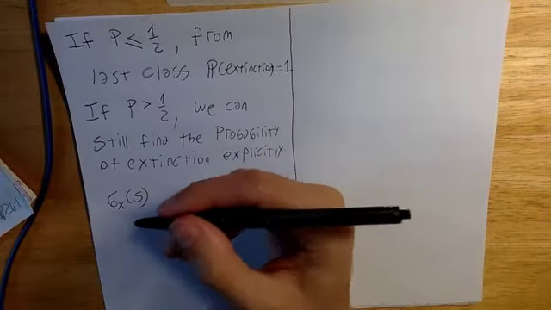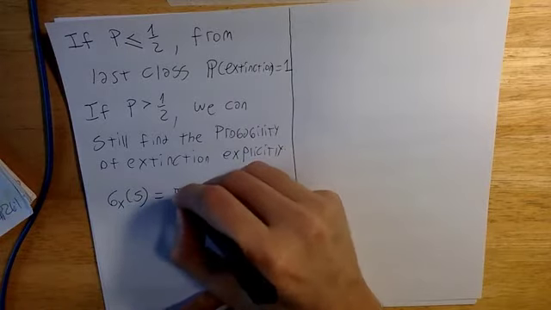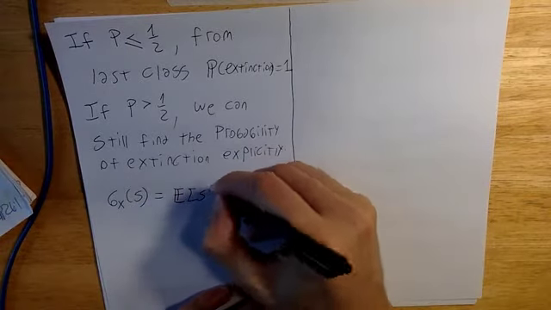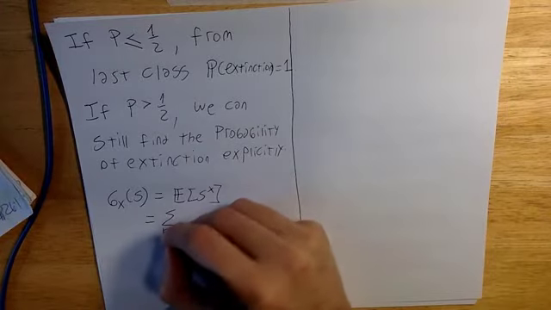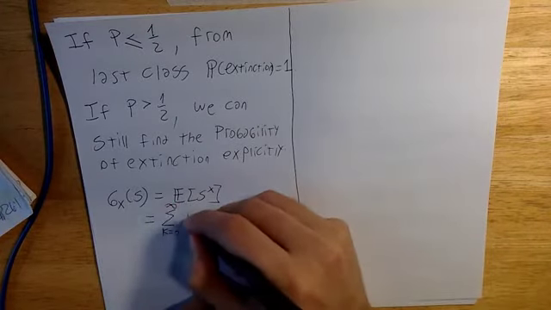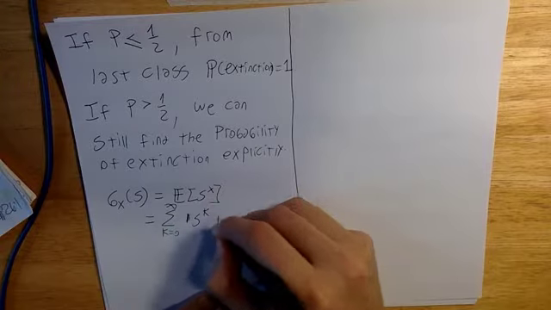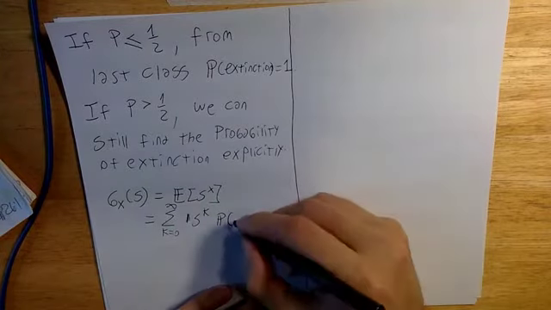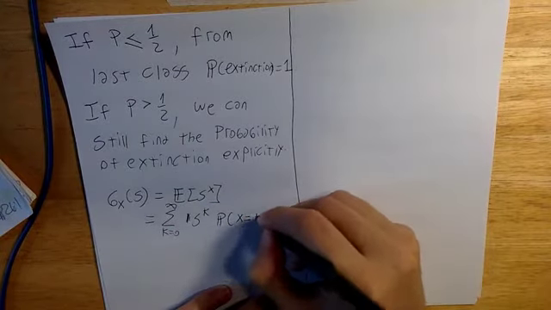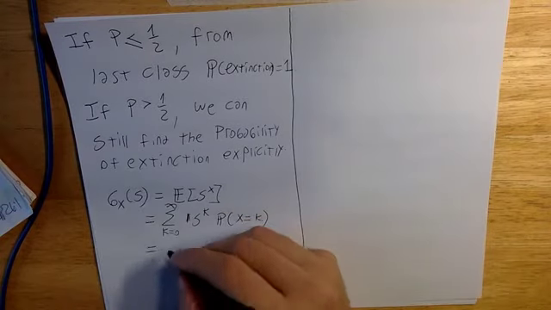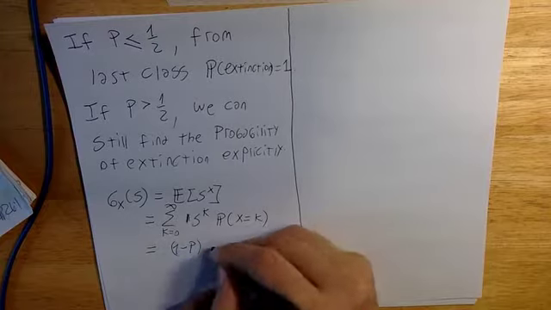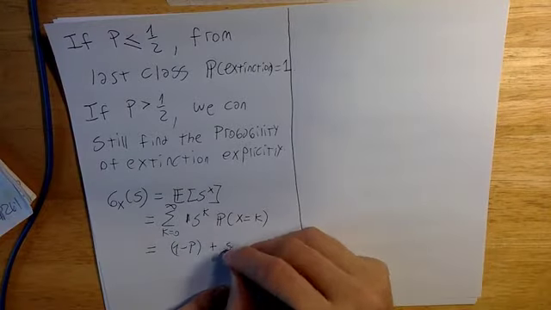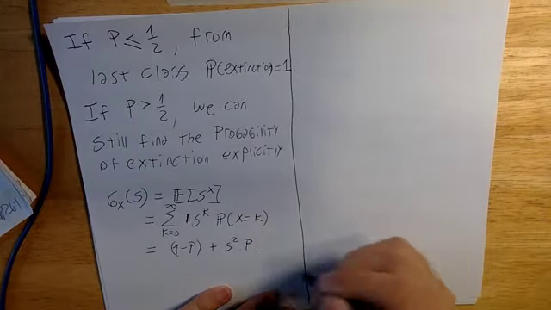In this case, g of X is the expectation of s to the X, which is the sum from k equals 0 up to infinity of s to the k times the probability that X is equal to k. But this is just going to be 1 minus p plus s squared times p.